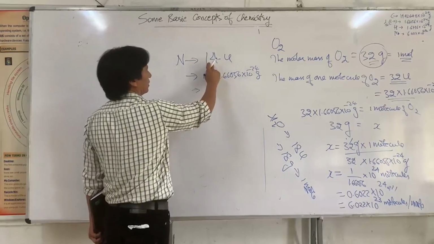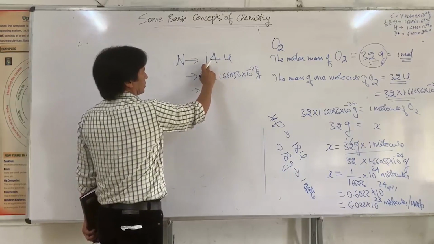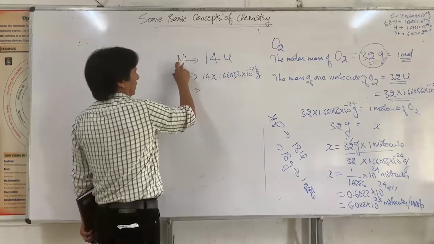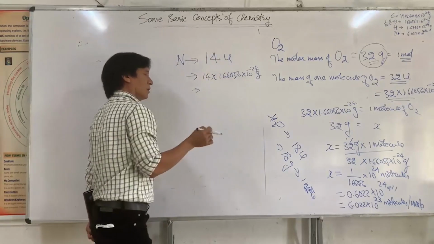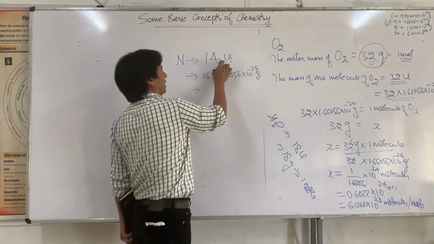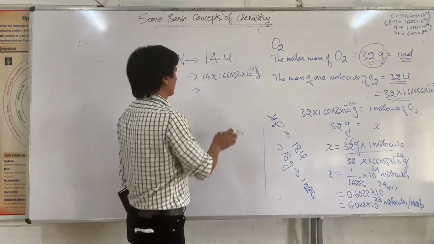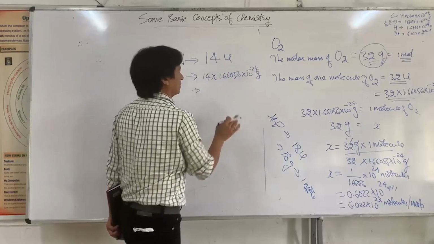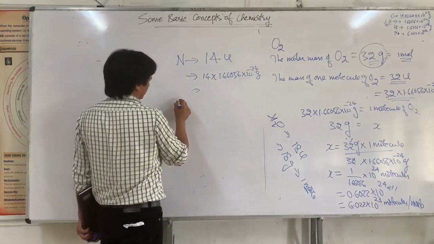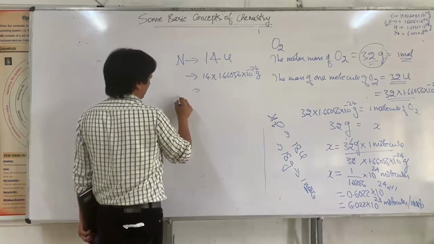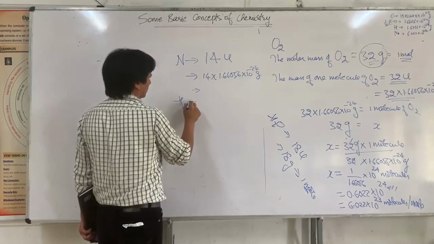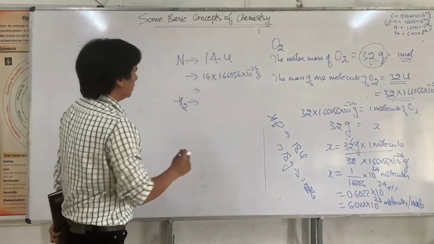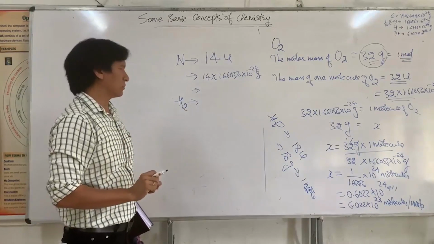This is the relative atomic mass. That is to say, the mass of an atom of nitrogen is 14 times 1/12 the mass of an atom of the carbon-12 isotope. In terms of grams, you multiply this 14 by this number. Another example: if you take H2, hydrogen gas, what is the mass of 1 molecule of hydrogen?